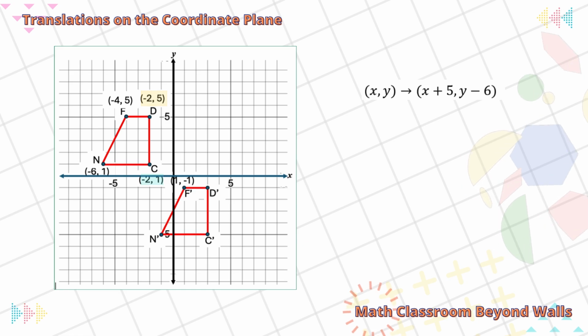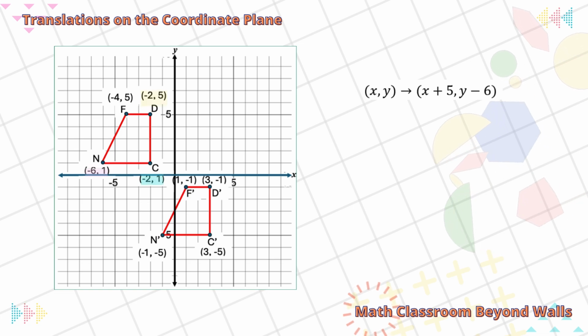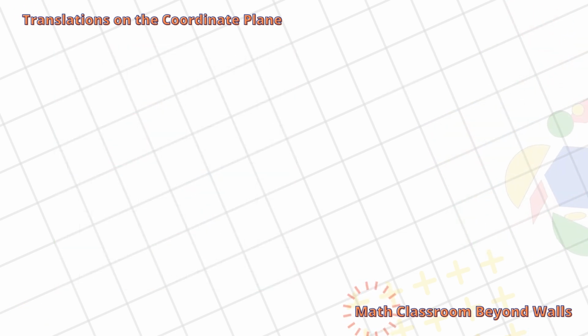The coordinates of D, C, and N are determined for you. I am sure you will be able to do those. Anyways, we have here the coordinates of the corresponding vertices, D prime, C prime, and N prime. You can check your work with the coordinates of the vertices of the image here.